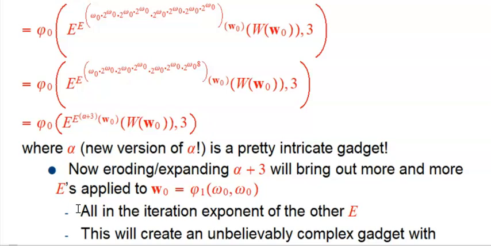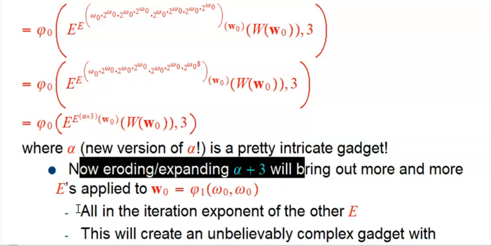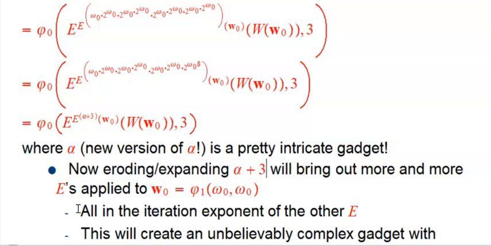Okay, so now what's going to happen? It's going to look a lot like that explicit example I did a couple of videos ago. We're going to do this erosion expansion of alpha plus 3, and every time we get to successors, it's going to say, okay, do more E's on this W naught, which has already got a lot of hidden power in it.